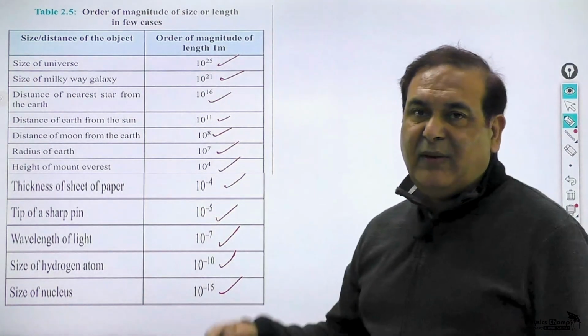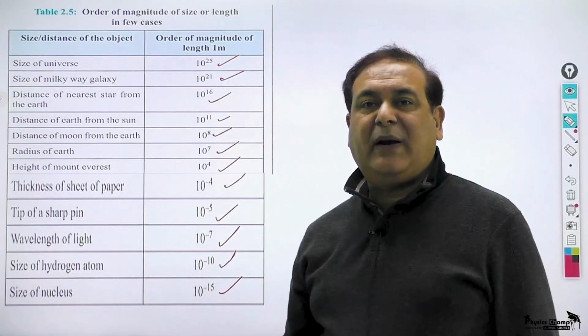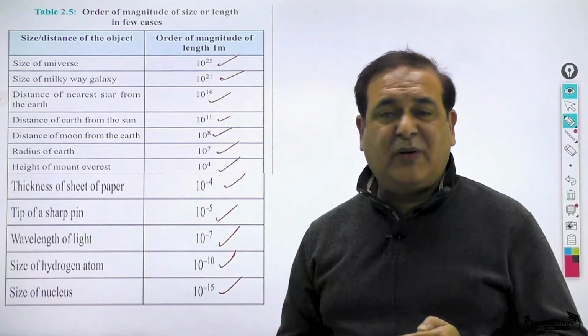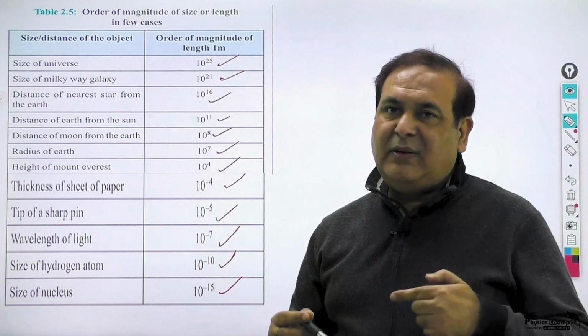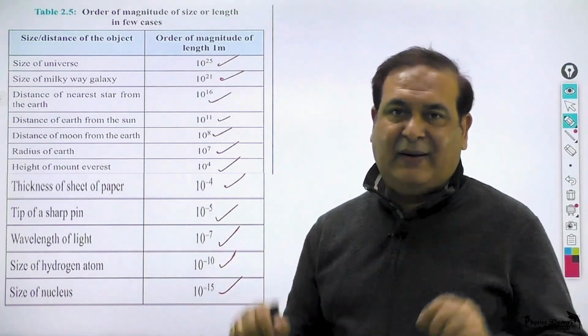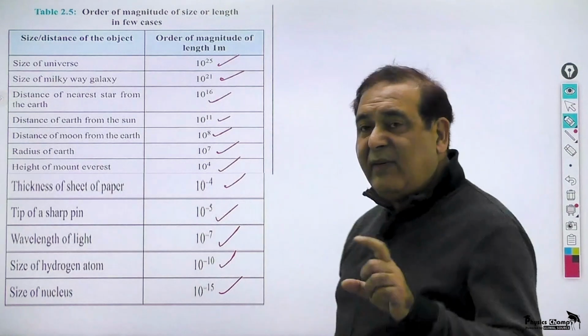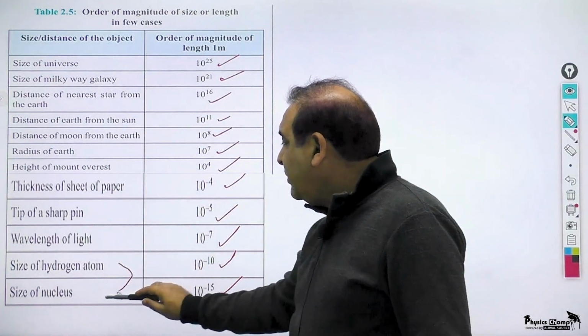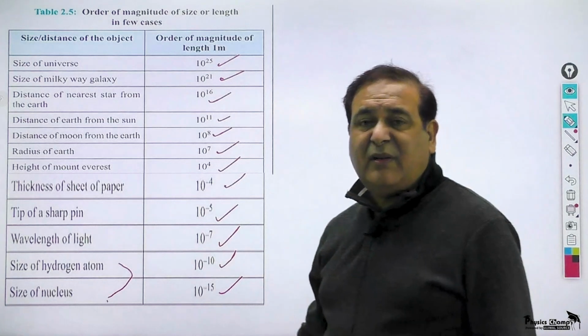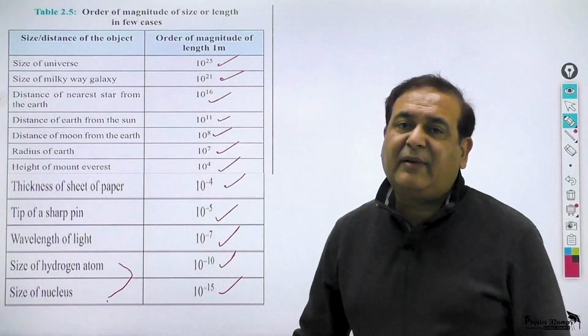So this gives you an approximate idea of those very large or very small distances, which you cannot always remember and write exactly. But still, if you wish to have a comparison of hydrogen atom size and nucleus size, you can say 10 to the power 5 times is the size of atom as compared to its nucleus.